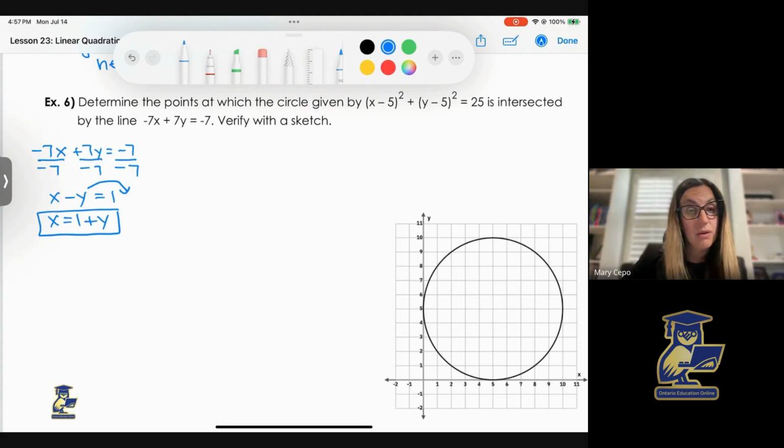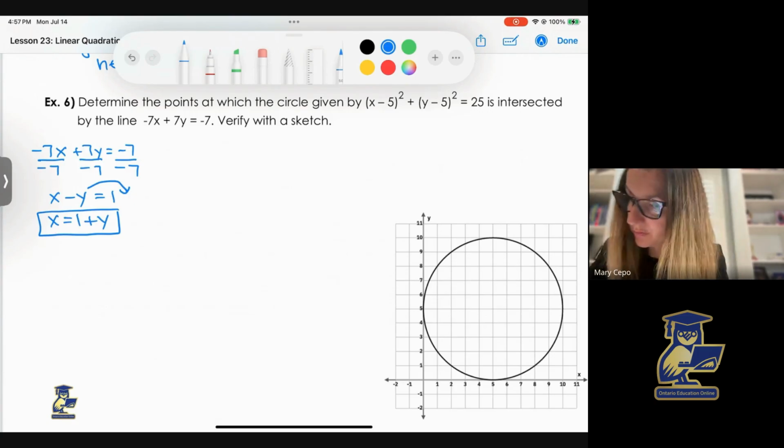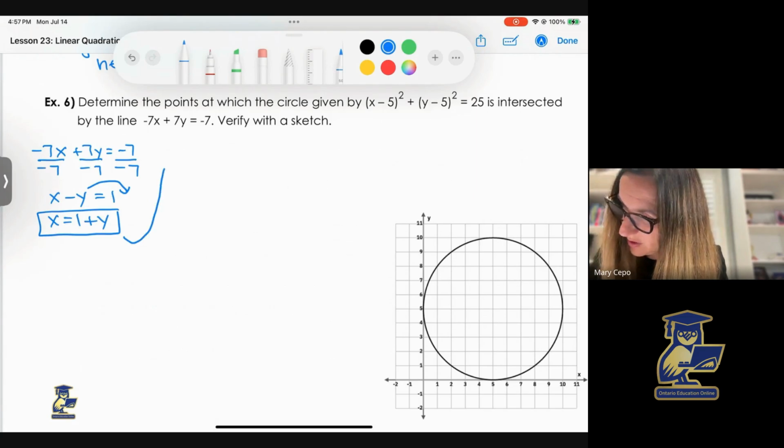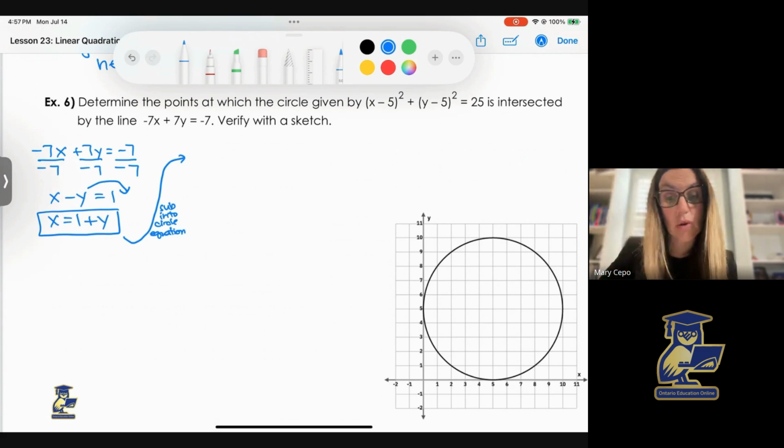With that in mind, now we can substitute where we see x in the circle equation. We're going to replace it with 1 plus y. So let's substitute into the circle equation in order to find out where they cross.